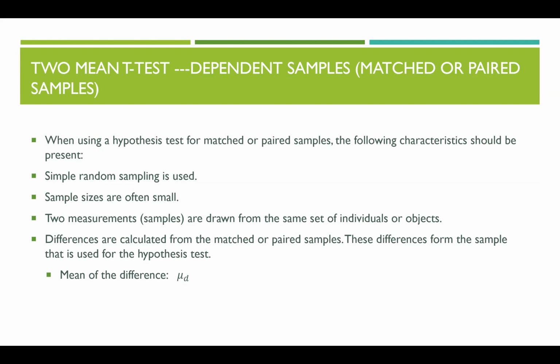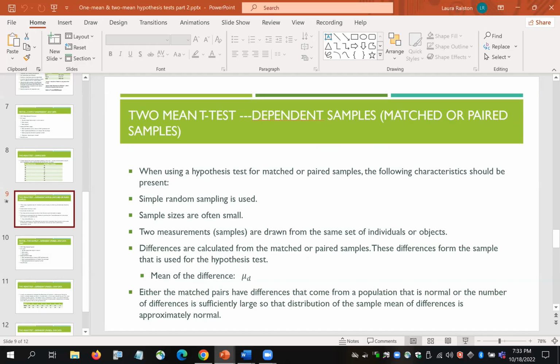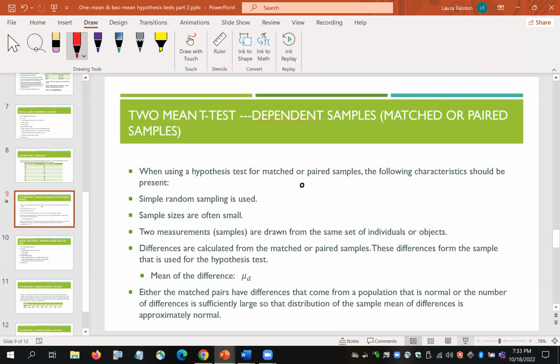We then calculate those differences, and those differences actually become the data, the sample that we're going to focus on. So it's almost like a three-step process. I collect data from, let's say, the pre-test, and I collect post-test information, and then I compare those.